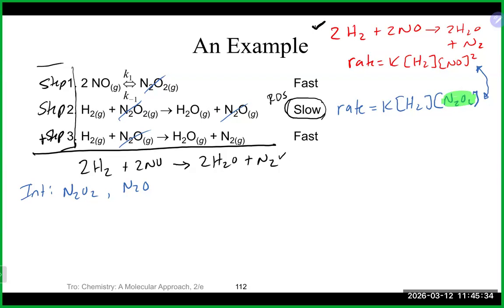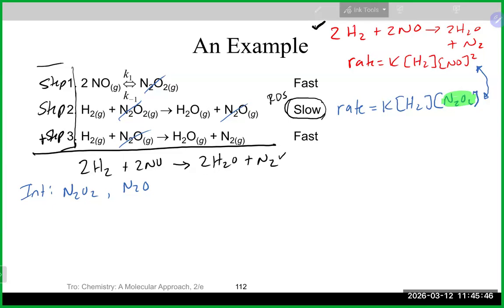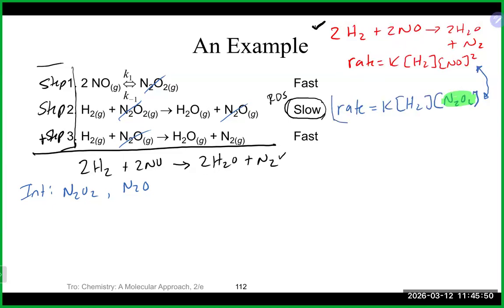The old saying is you want to compare apples to apples, right? So here we're not really comparing the same things, and that way we can't really make a true judgment on it. So what do we need to do? Well, what we need to do is turn this rate law into one that does not have the intermediate in it anymore. So we've got to get rid of the intermediate here.